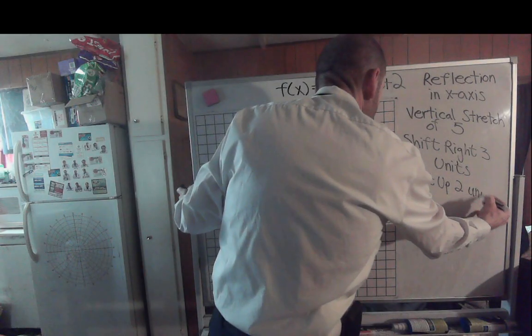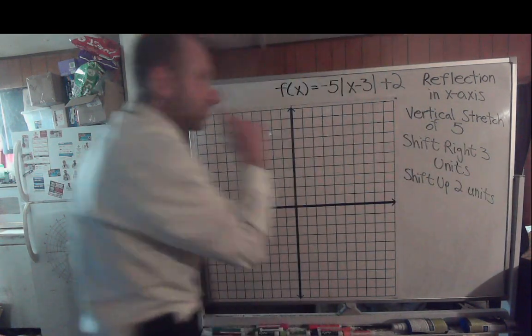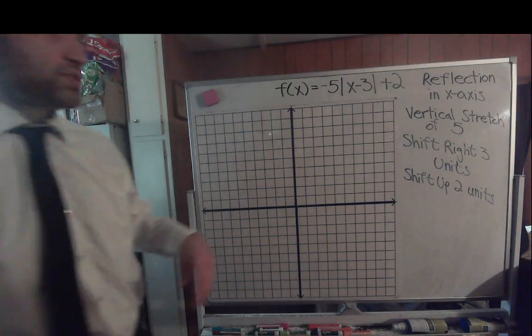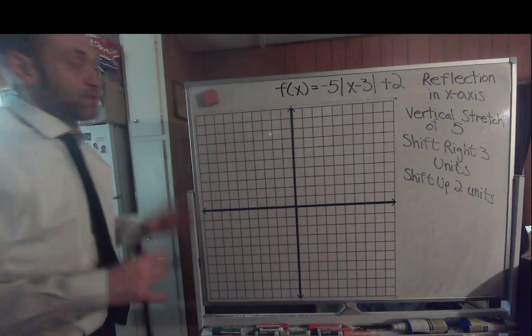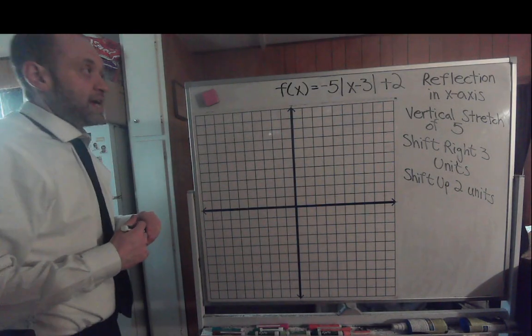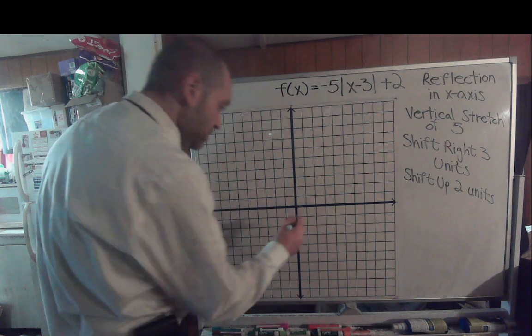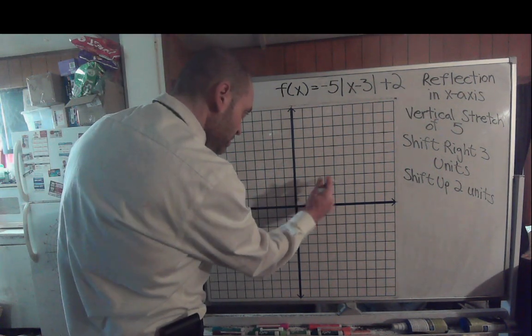So we have a lot of transformations from the original graph of f of x equals the absolute value of x to what we got here. So the vertex is going to be at 3, 2. That would be right here.